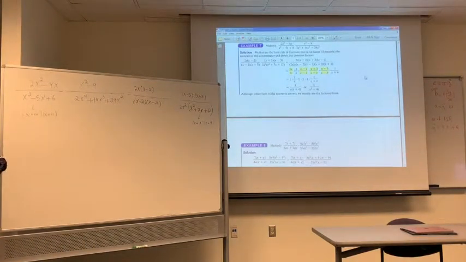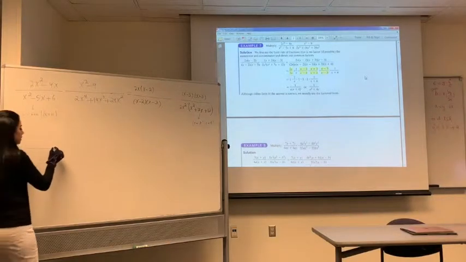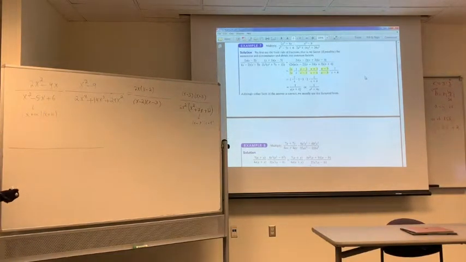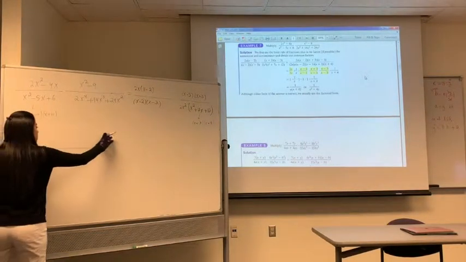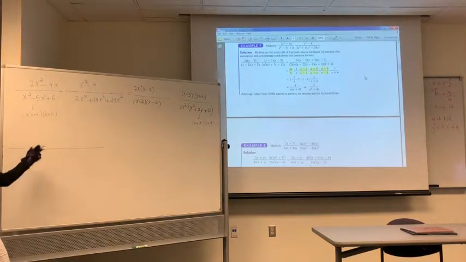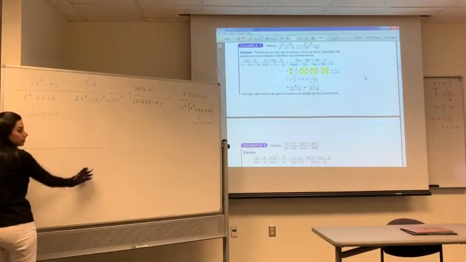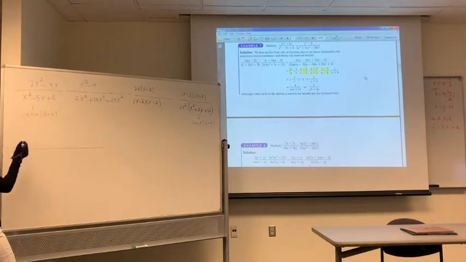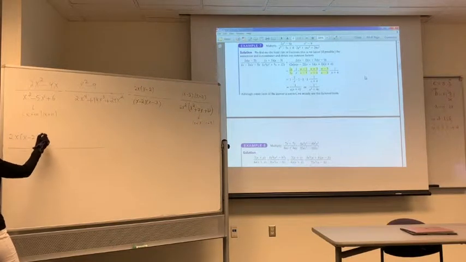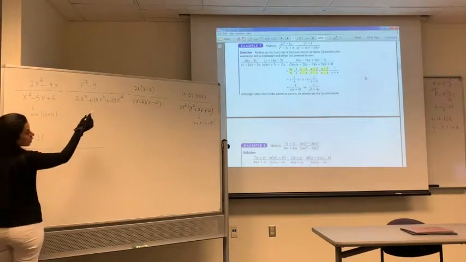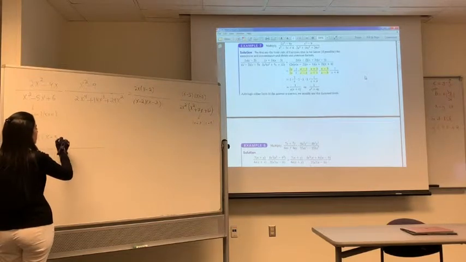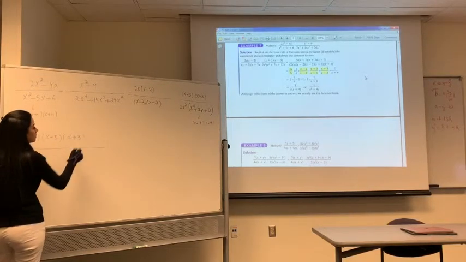Now, that method I told you, you can put everything together in one whole fraction. We can multiply everything in the numerator and put them in one numerator on top, and then all the denominators multiply together here, right? So we can write down 2x multiplied by x minus 2 multiplied by x minus 3, x plus 3.